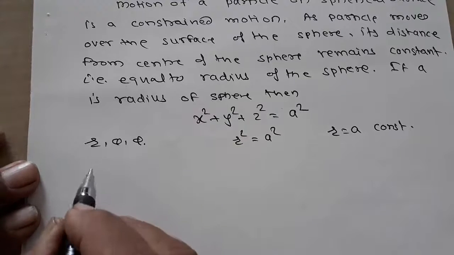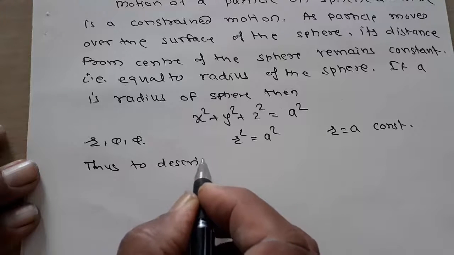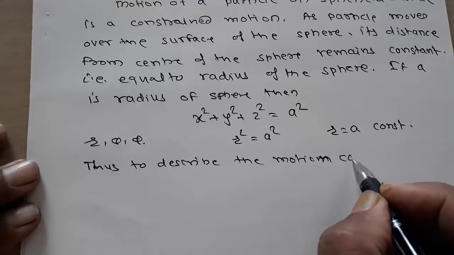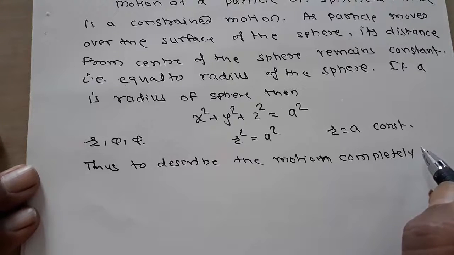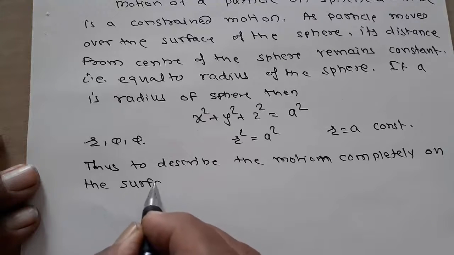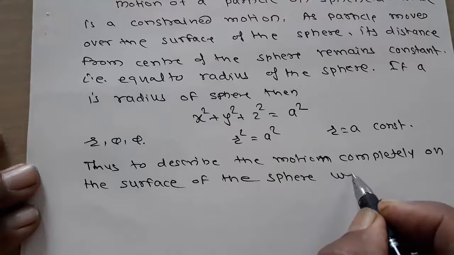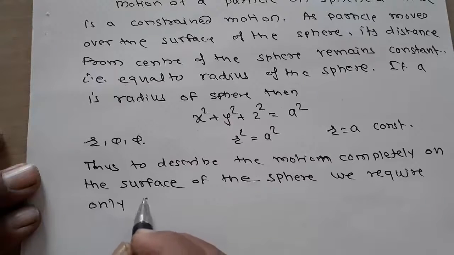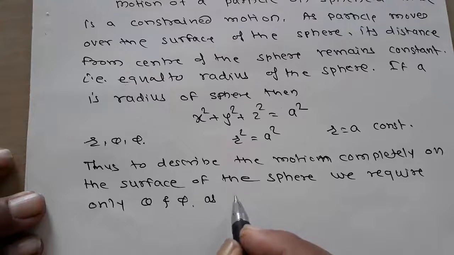Thus, to describe the motion completely on the surface of the sphere, we require only theta and phi as independent coordinates.